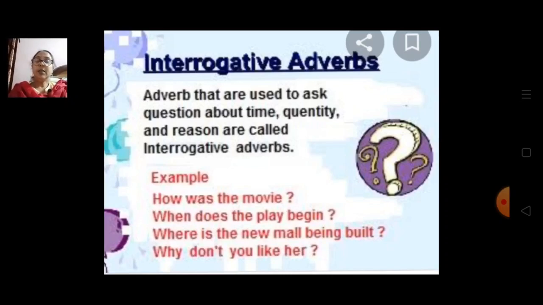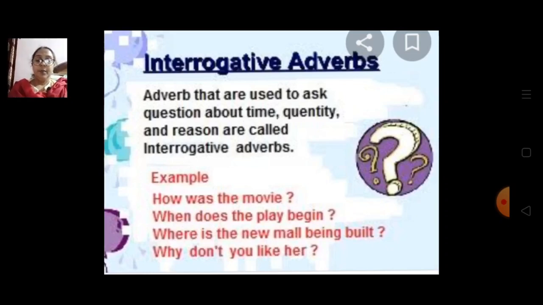Interrogative adverbs are used to ask questions about time, quantity and reason. For example, how was the movie? When does the play begin? Where is the new mall being built? Why don't you like her? So these are the examples of interrogative adverbs.